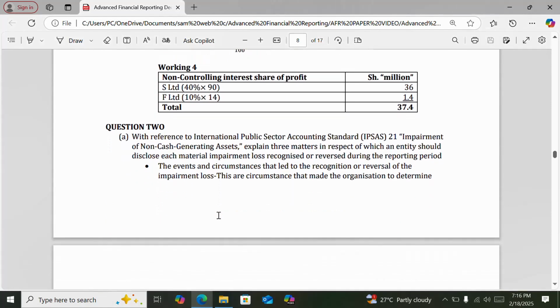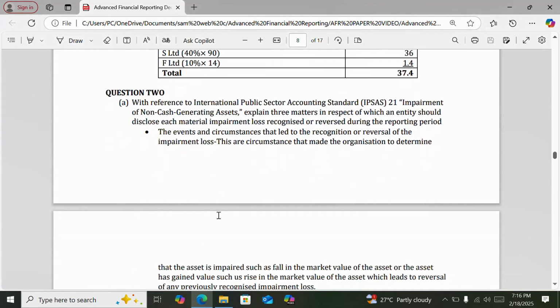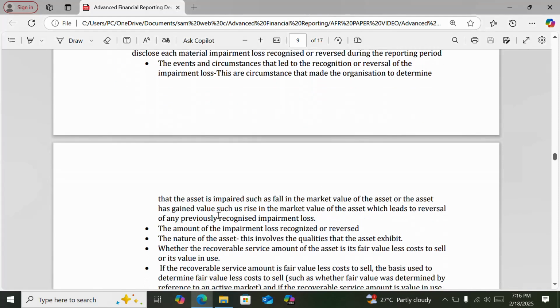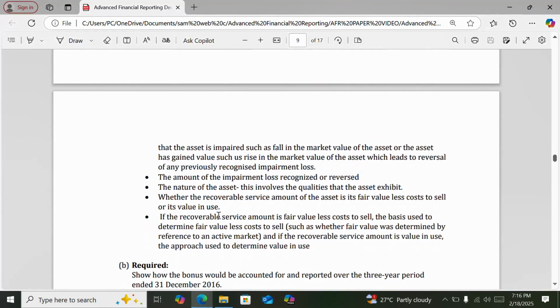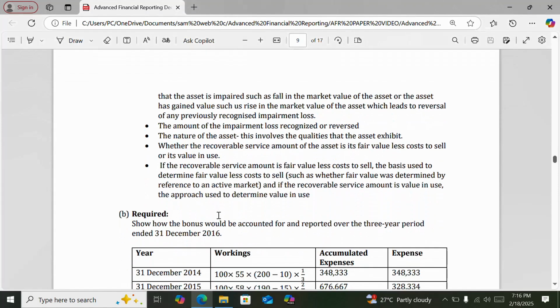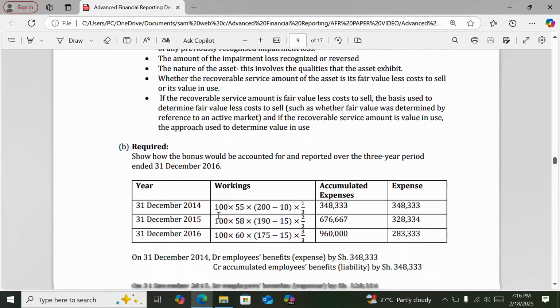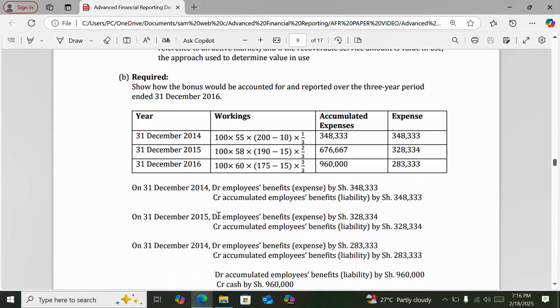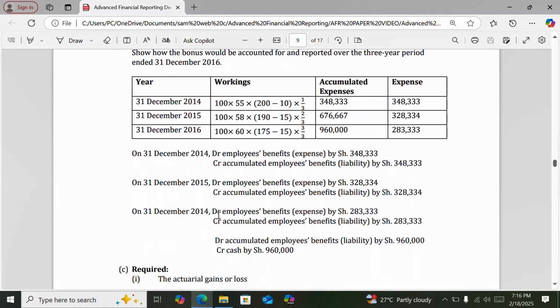Then we have question 2. Those are the suggested answers for part A of question 2. Then we have part B on employment benefits, how they should be accounted for.